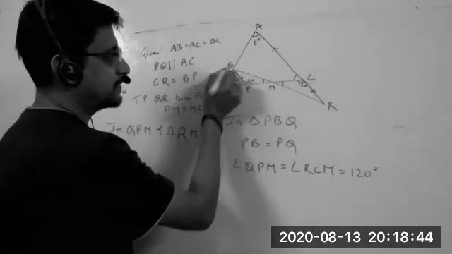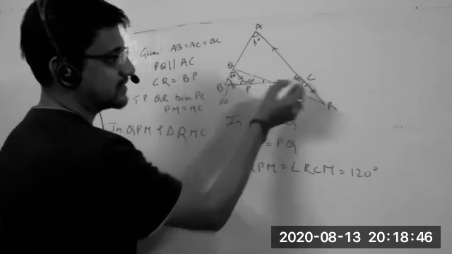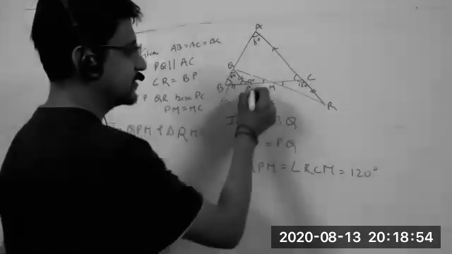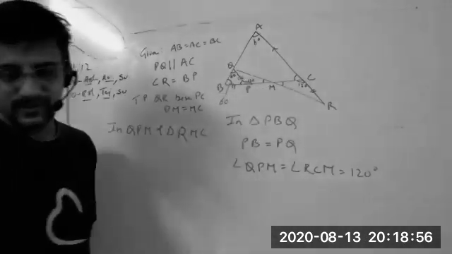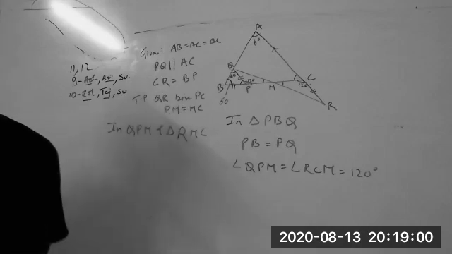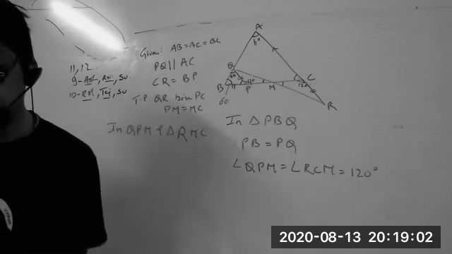So PQ is equal to RC. So both are congruent by AAS. So when they are congruent, PM is equal to MC. Got it? Yes, sir. Thank you, sir. Okay.